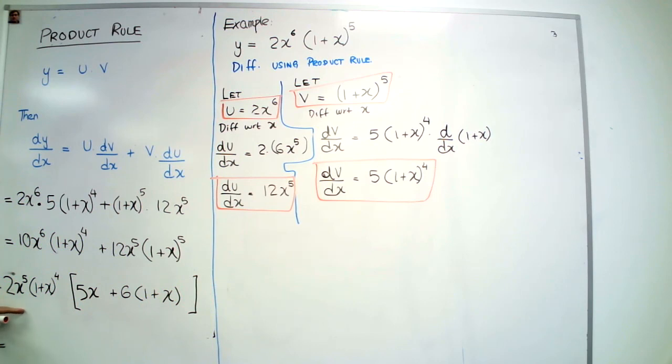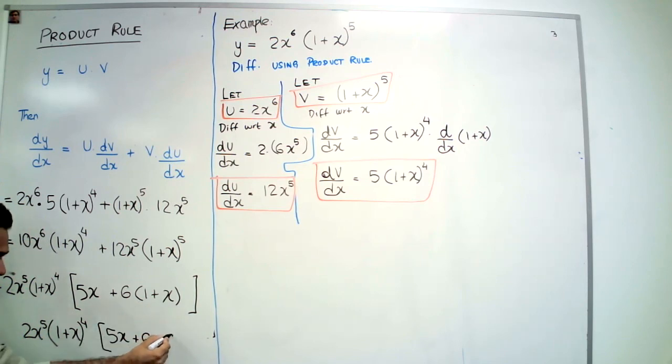Now the outside one, you cannot do anything, so you can write it as it is. The inside one you can simplify: 5x plus 6 times 1 is 6, and 6 times x is 6x.